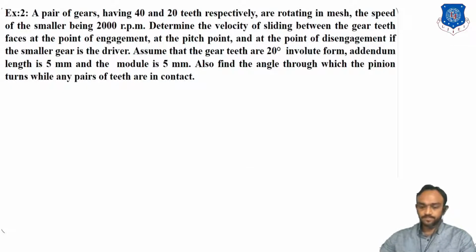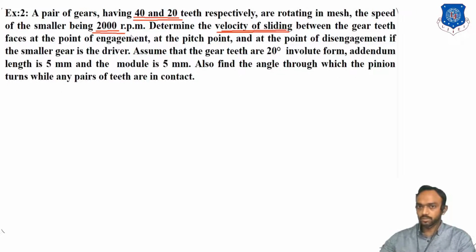Check this data. First of all, a pair of gears having 40 and 20 teeth respectively, rotating in mesh, speed of smaller pinion is 2000 rpm. Determine the velocity of sliding. What we have to find?